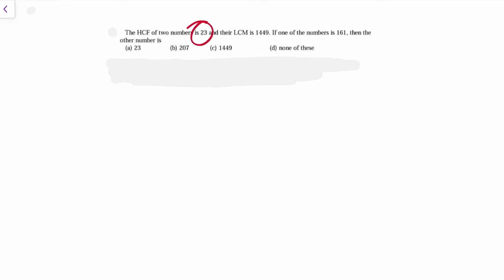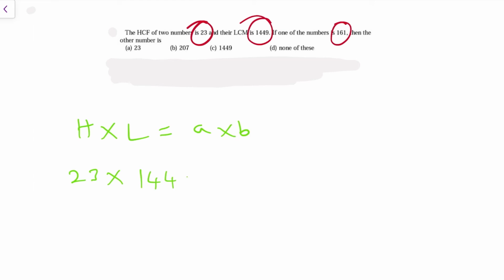Next, the HCF of two numbers is given as 23 and the LCM is given as 1449, and out of those two numbers one number is 161. Then he is asking for the other number. We already know the logic behind HCF and LCM: HCF into LCM is equal to the product of the two numbers. So HCF 23 into LCM 1449 equals one of the numbers, 161, times the second number, which we need to find.